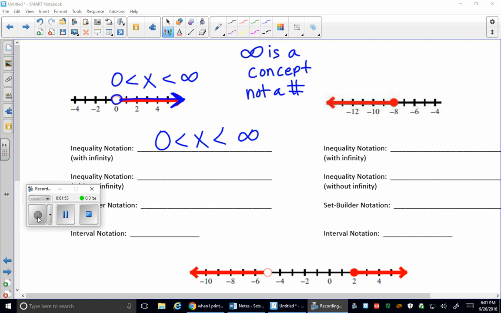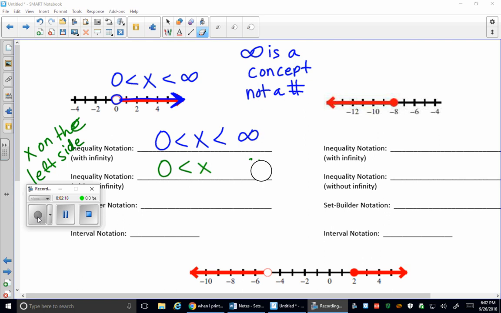So we start with this, and don't copy this down yet. And so what we come and we do is we chop off that part. We're going to chop off whatever part has infinity. What we want is x on the left side. So how do I get x on the left side?